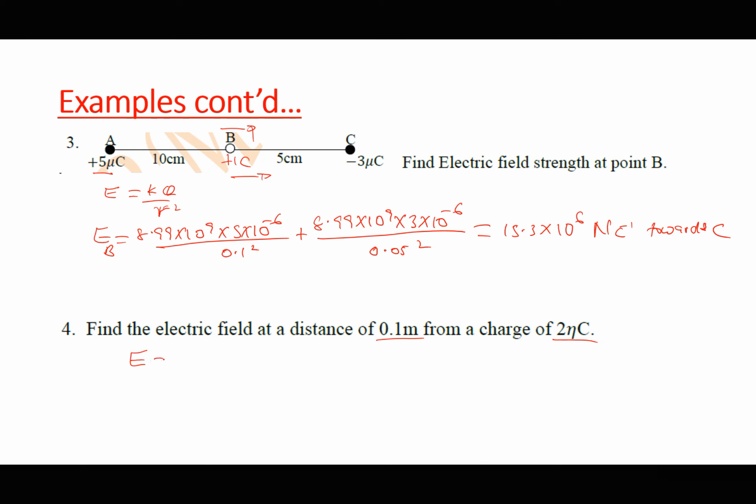So E is going to be KQ over R squared. We imagine a unit positive charge at that distance. So this will be equal to 8.99 times 10 power 9 times the charge, which is 2 times nano, 10 power negative 9, divided by the square of the separation, which is 0.1 squared. So we press our calculator.